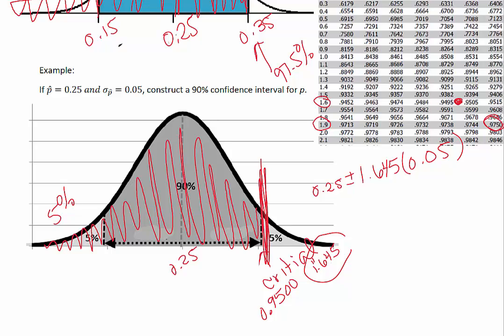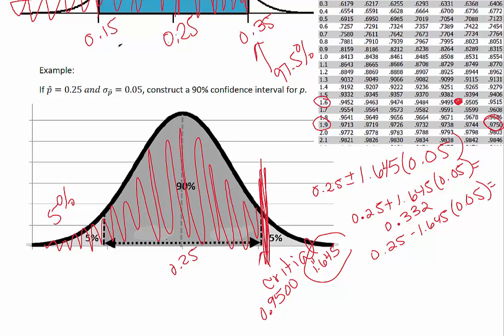So we do have to do each one of these independently, like adding 1.645 times the standard deviation, which gives us this, and we also want to subtract that many standard deviations below the statistic.